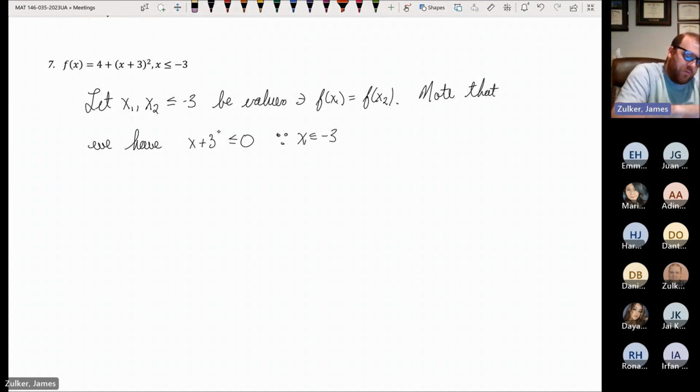Also, we're going to take note that x plus 3 is going to be less than or equal to 0, right, because x is less than or equal to -3.